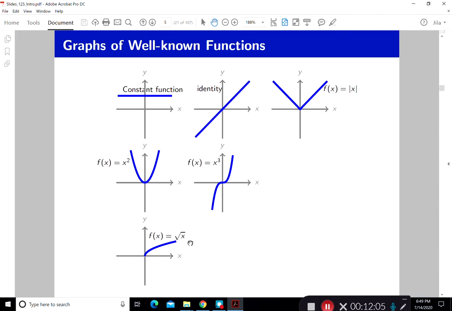Then other functions, f of x equal to x cubed, and the inverse of that one is the third root of x. This one is not restricted, because you can also take the third root of negative numbers. Even roots are always over the positive numbers, for real numbers, and odd roots can accept negative numbers also.